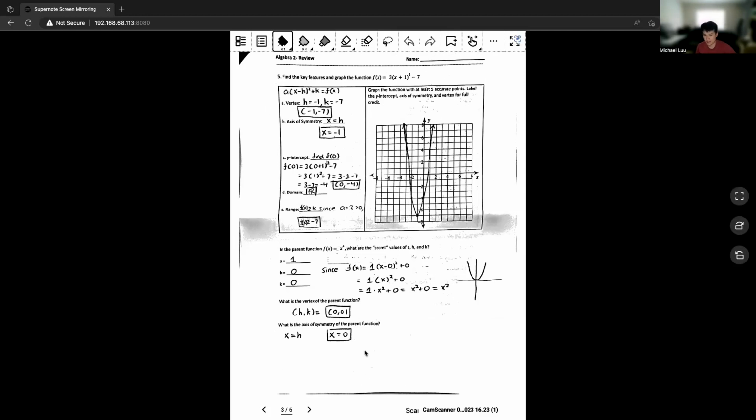So for the parent function, what are the values of A, H, and K? So what I'm going to do is write my vertex form. And I'm basically trying to just get y is equal to x squared. Now, I drew a lovely graph right there.